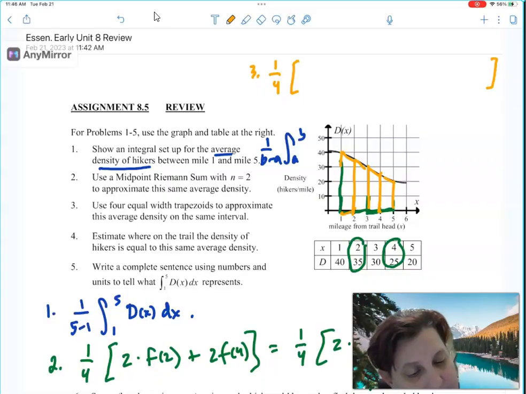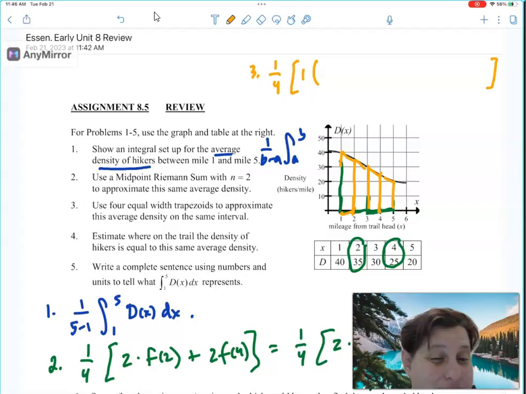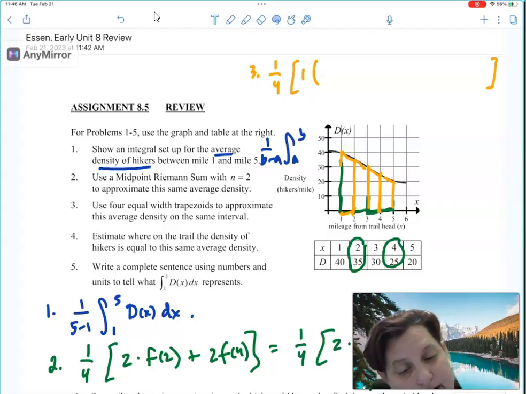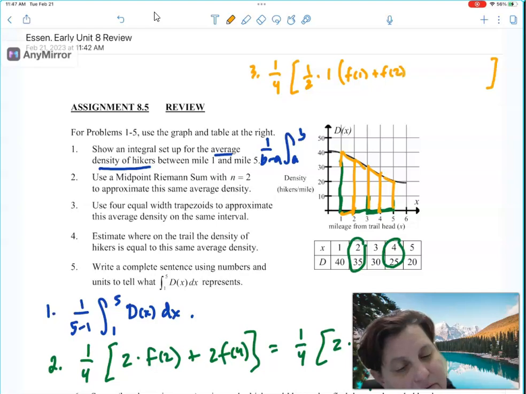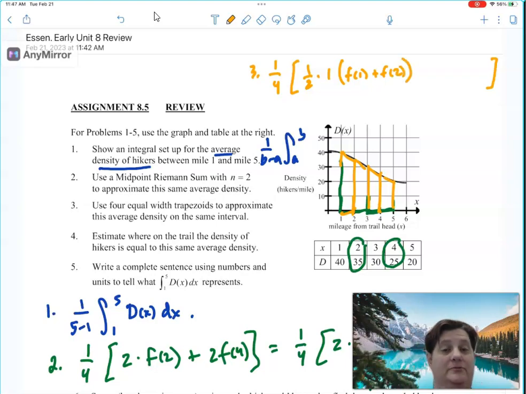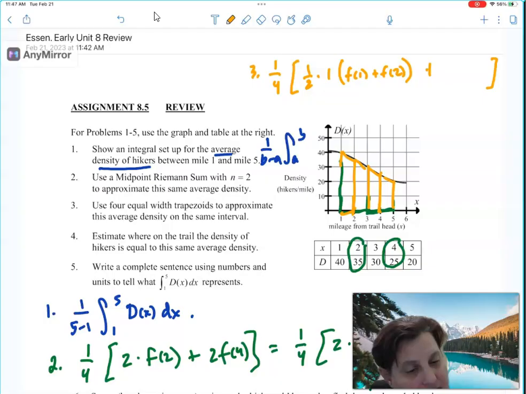My first one has a base of 1, and then the heights of each side. Remember, for a trapezoid I have to do a half also. 1/2 times 1, and then it's f of 1 plus f of 2. That's the first trapezoid, so you have to add both sides. The second trapezoid is 1/2 times 1, and then it's f of 2 plus f of 3.